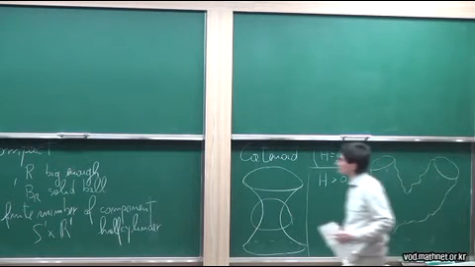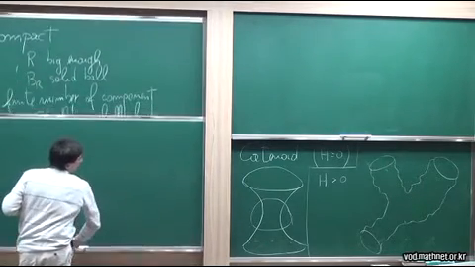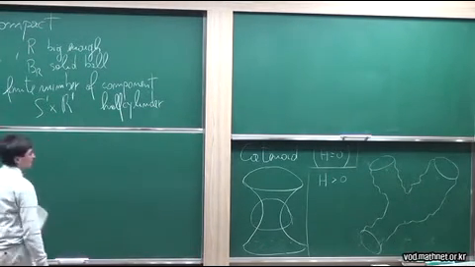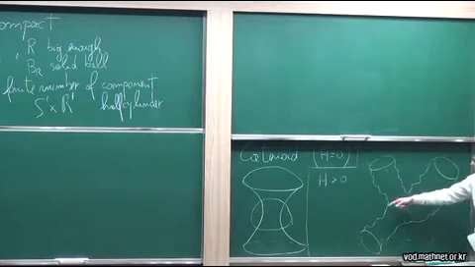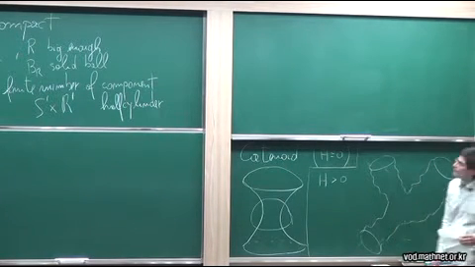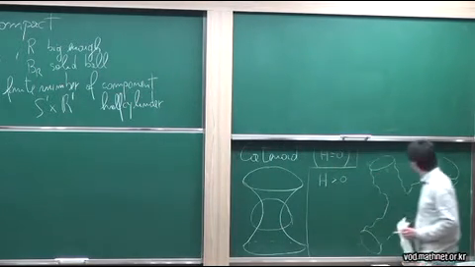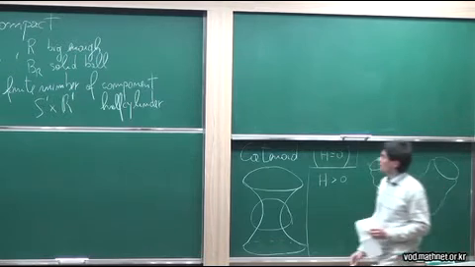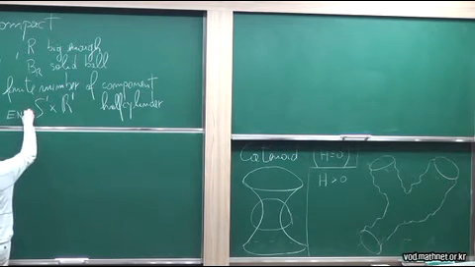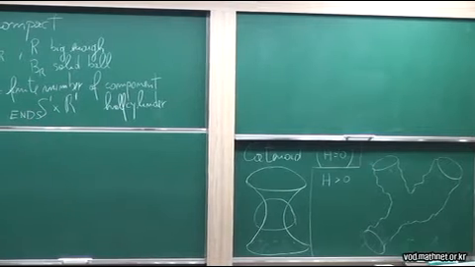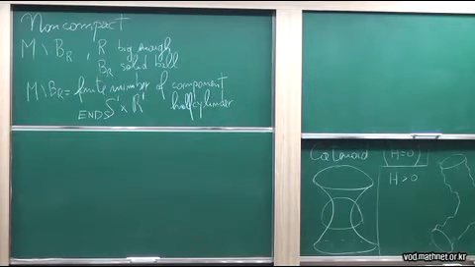The picture is not that nice. If I remove the central block here, I see three objects diffeomorphic to a half cylinder. I forgot to say that this non-compact part is what we call the ends of the surface.